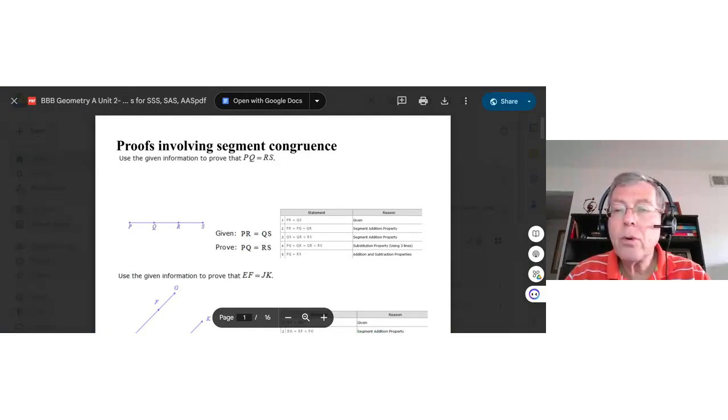So here are some more. I'm going to turn off my camera so we can focus on these examples a little more closely.